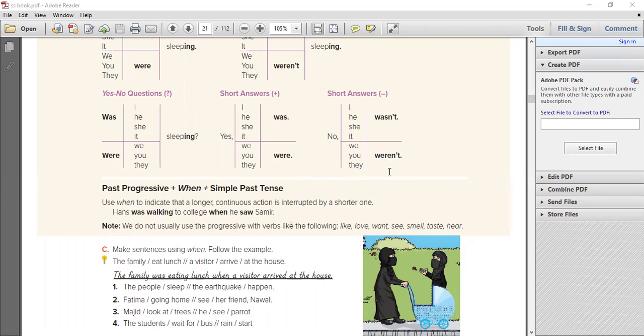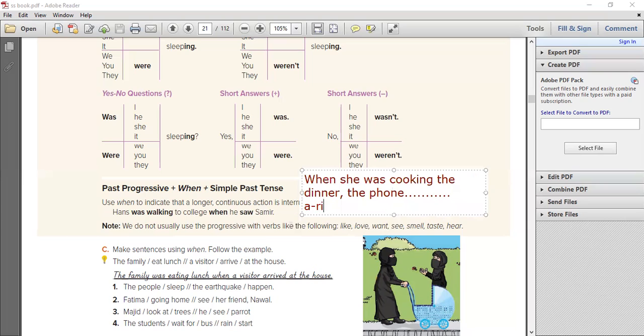But in the exam, if I'm going to bring this grammar, I'm going to give you one action, longer or shorter, and you have to tell me the other one. So I would say, for example, when she was cooking the dinner, the phone, and then I will give you choices.